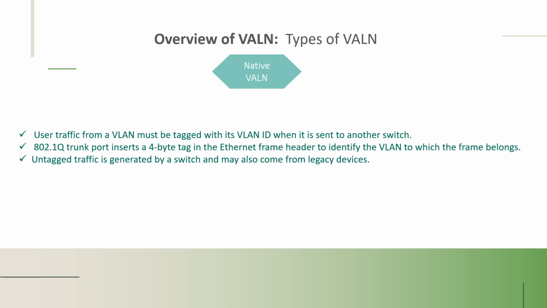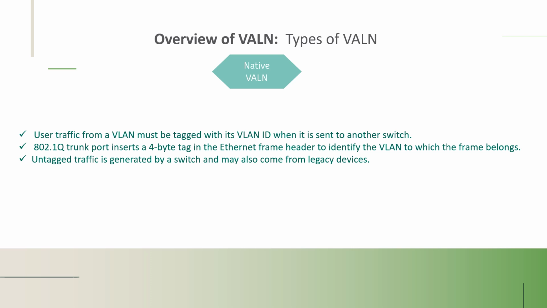Trunk ports are used between switches to support the transmission of tagged traffic, especially on 802.1Q. A trunk port inserts a 4-byte tag in the Ethernet frame header to identify the VLAN to which the frame belongs. A switch may also have to send untagged traffic across a trunk link.